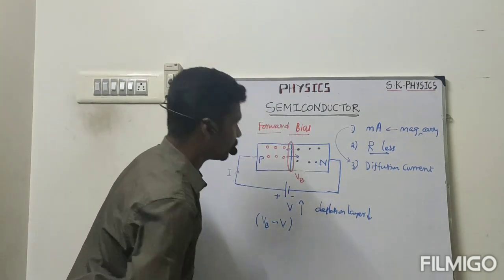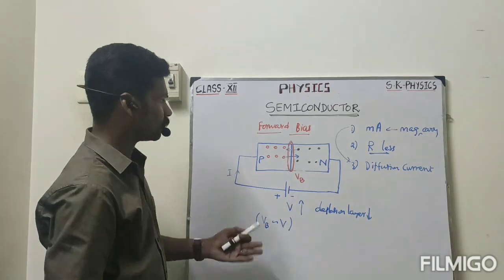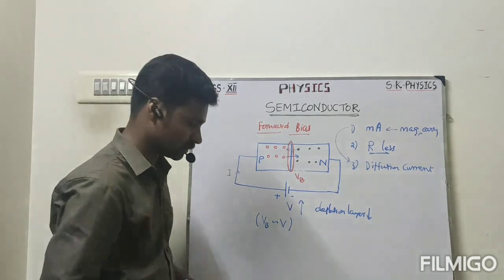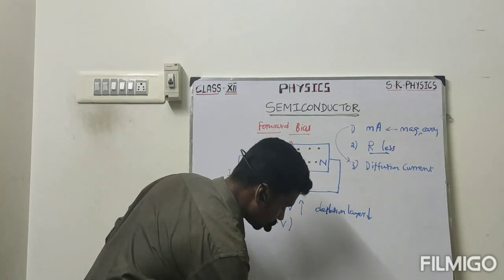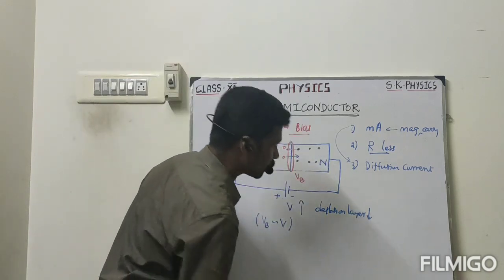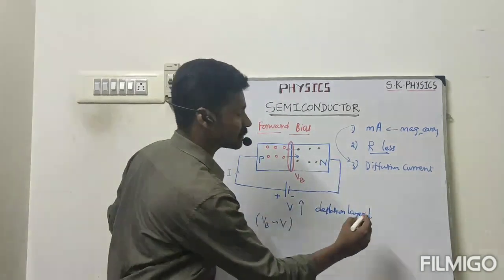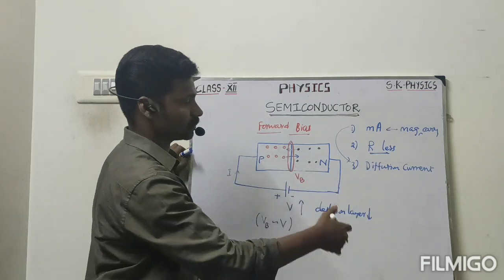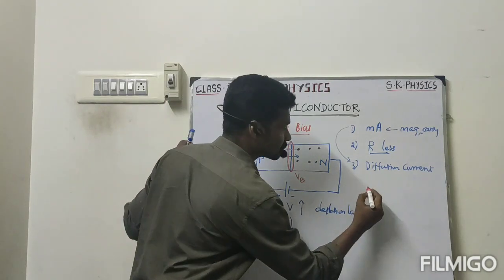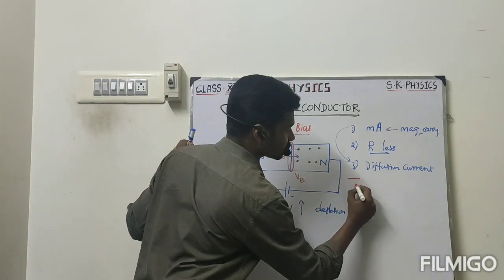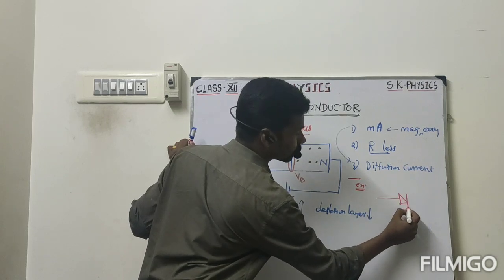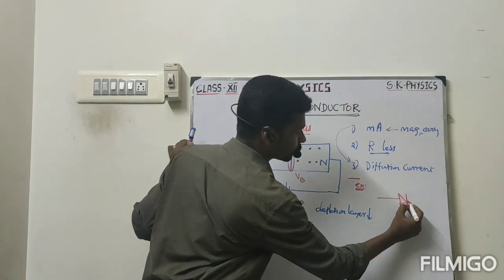Now I'll give some examples. We have to find whether a circuit is forward bias or not. It will be useful for the NEET exam also, so please listen. The following diagram is related with forward bias. First example, see that it is the diode.